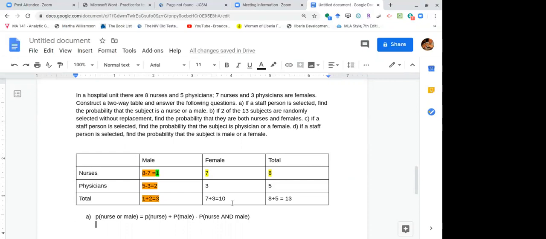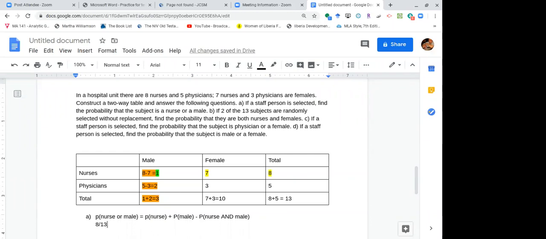So the probability of being a nurse: you take all your nurses, which are 8, and you divide by the total, which is 13. Remember, probability is not a frequency, okay? I have a lot of students tell me the probability is 8. No, it's not. That's the frequency of nurses, or the count.